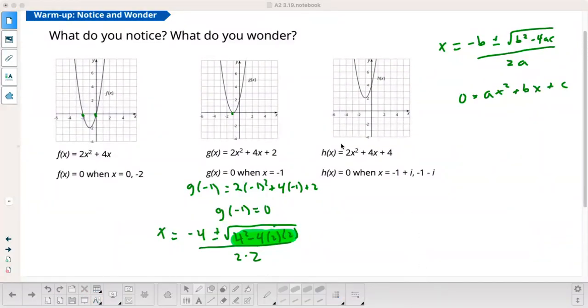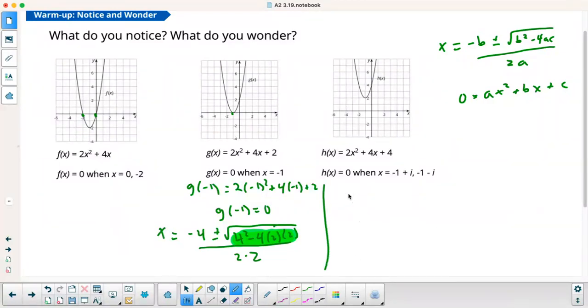So let's go on to this next one. Again, I could plug in values for x, but that might get a little ugly, so I'm going to jump right to the quadratic formula. x equals negative b plus or minus the square root of b squared minus 4 times 2 times 4, all over 2 times 2.